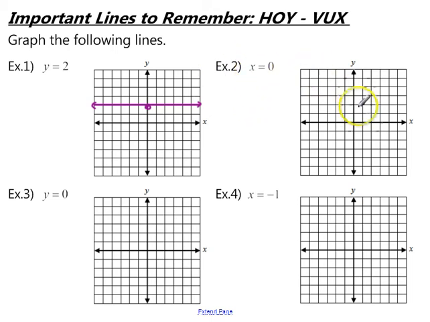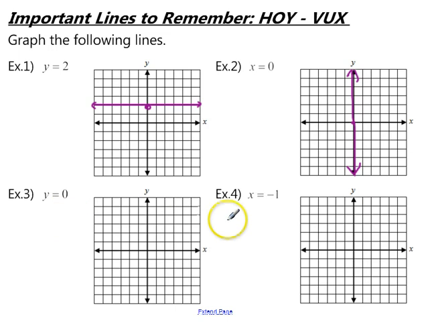In example 2, it says x equals 0. So we're going to find where x equals 0, and that's actually right here. When you have an equation x equals something, it's an undefined slope and a vertical line. So this line is just going to be straight up and down.